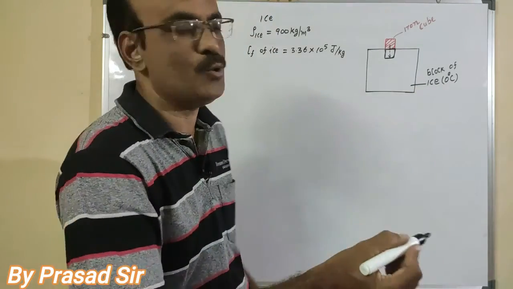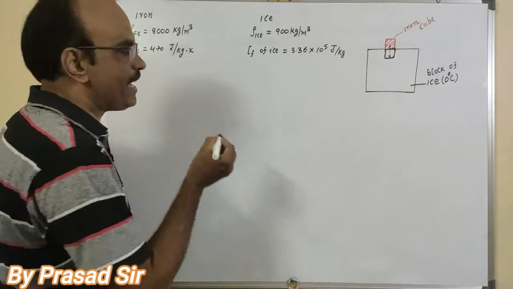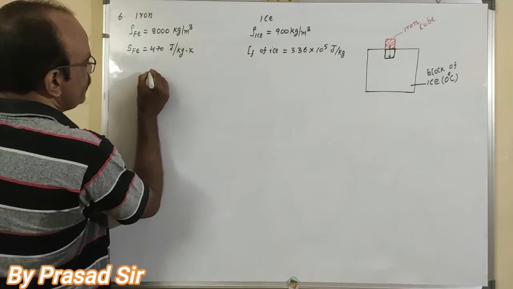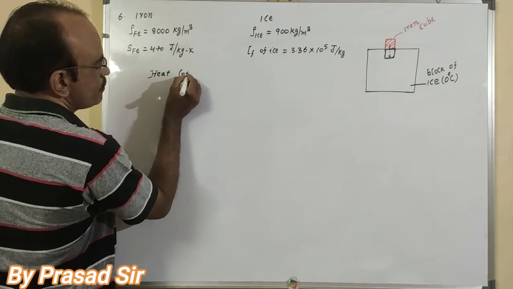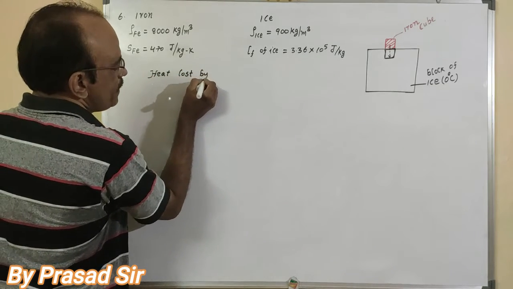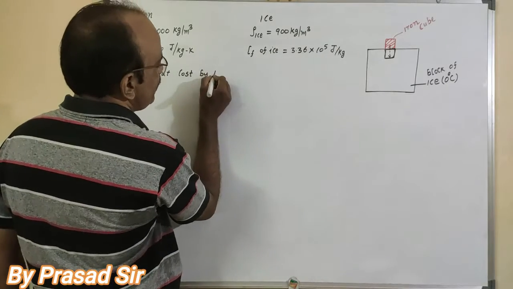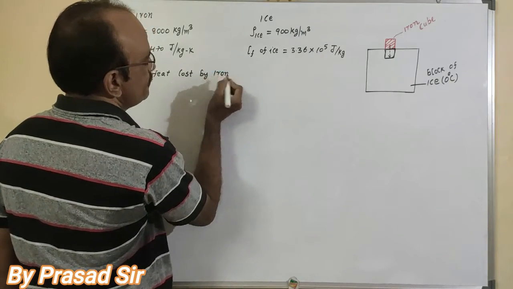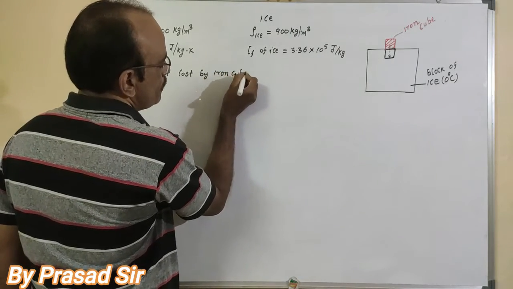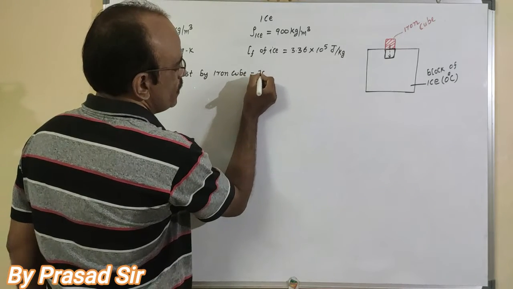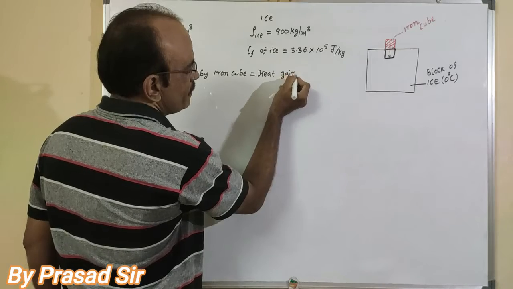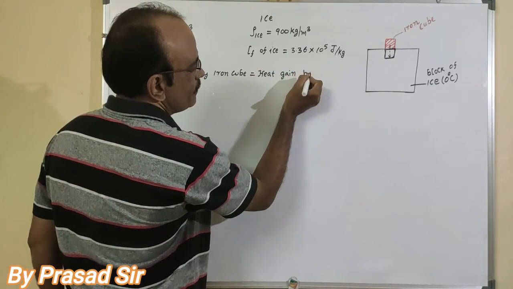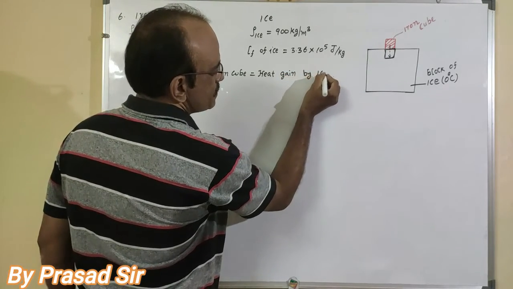Now we are equating those. According to the principle of calorimetry, heat lost by the hot body, that is the iron cube, is equal to heat gained by the ice.